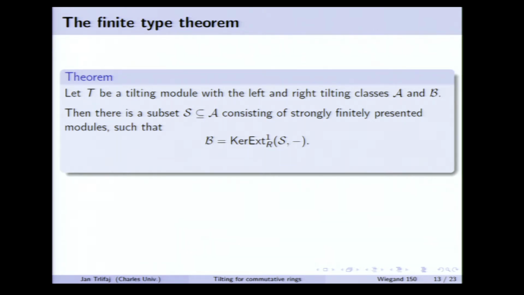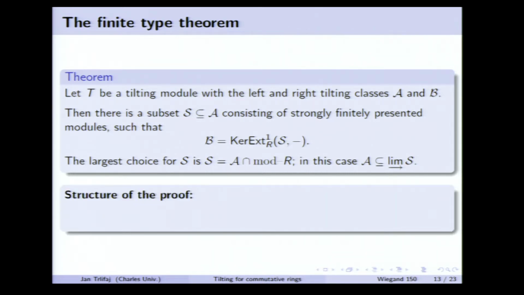So in other words, the class B, which is T right perp, is actually the right perp of the set S. And the largest choice, of course, is all finitely presented modules in A, in which case you get that the class lives in the limit closure of that. So the class contains S and is inside the limit closure of S. So it gives you more information. In fact, the class consists of transfinite extensions of modules from S.